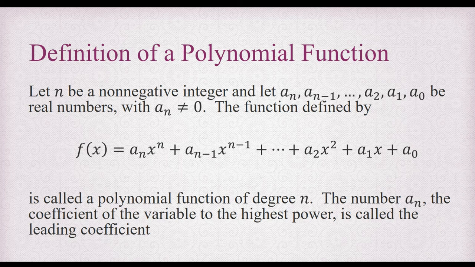And then we're just talking about x to the, say, third power, then x squared, then x. It's just going down each term until there are no more variables. Okay, we call this a polynomial function of degree n. The number a sub n is the coefficient of the variable to the highest power. We call this the leading coefficient.